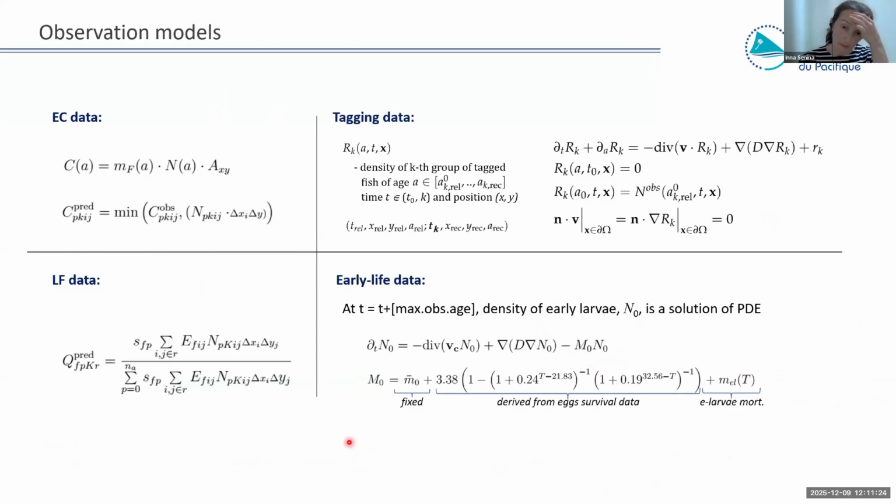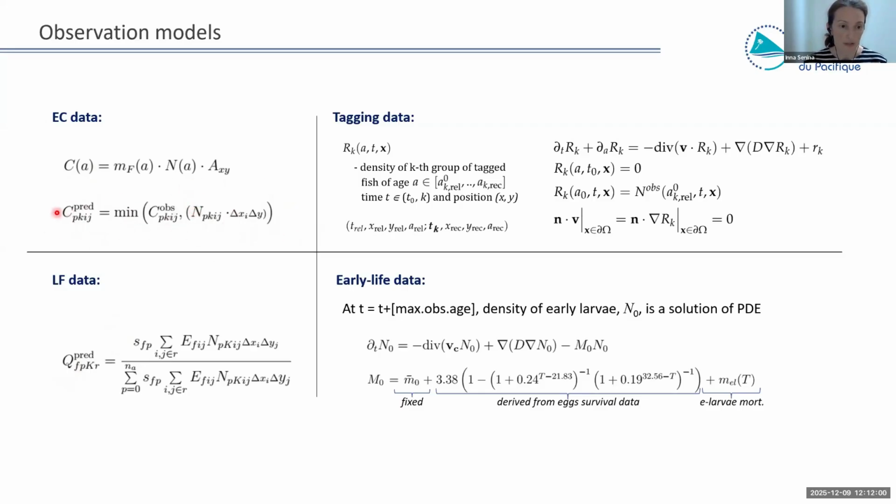Before going into the estimation, we need the observation models. I think you are all familiar with the observation models for the effort, for the catch and length frequency. Maybe something new that can be used in mechanistic process-based models like CPDIM is a more physical approach, where we predict catch given the density available, called density biomass removal or catch removal method.